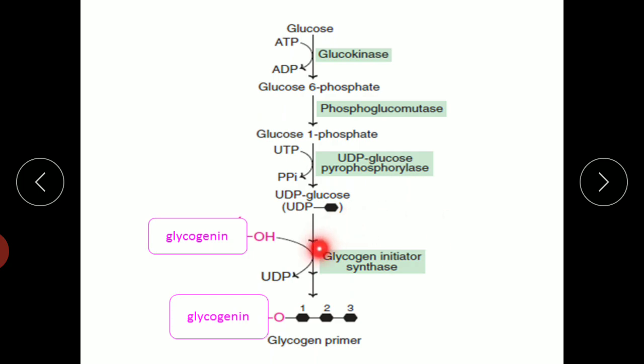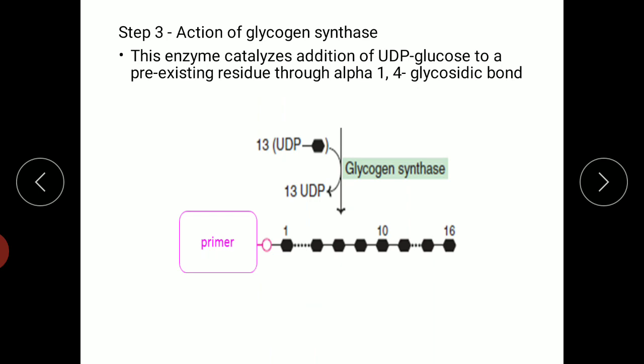The name of its enzymatic activity is just written here. Action of glycogen synthase. This enzyme catalyzes addition of UDP glucose to a pre-existing residue through alpha 1,4 glycosidic bond.